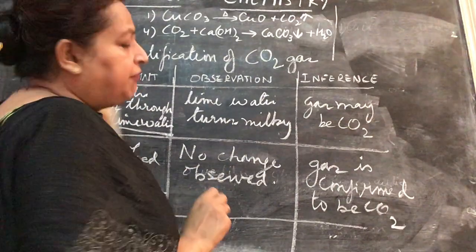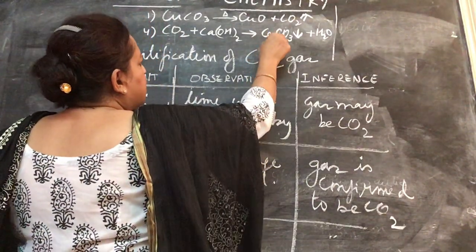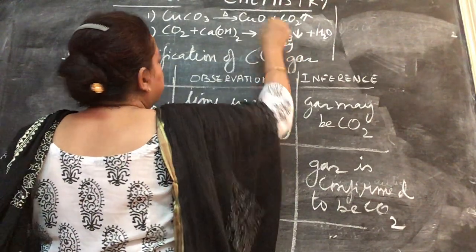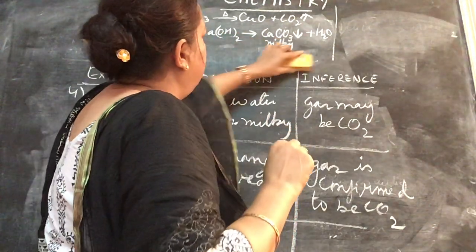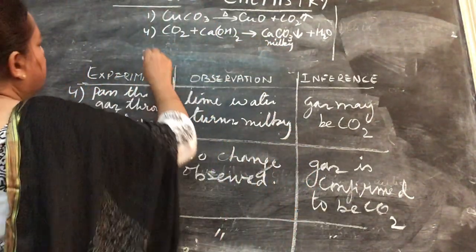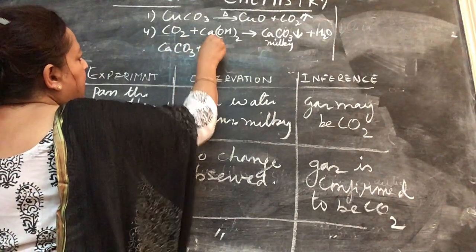Now to confirm, because if we continue to pass carbon dioxide, the milkiness disappears. This is milky. If you continue to pass carbon dioxide, then the milkiness disappears. That part I did not show, but it happens.